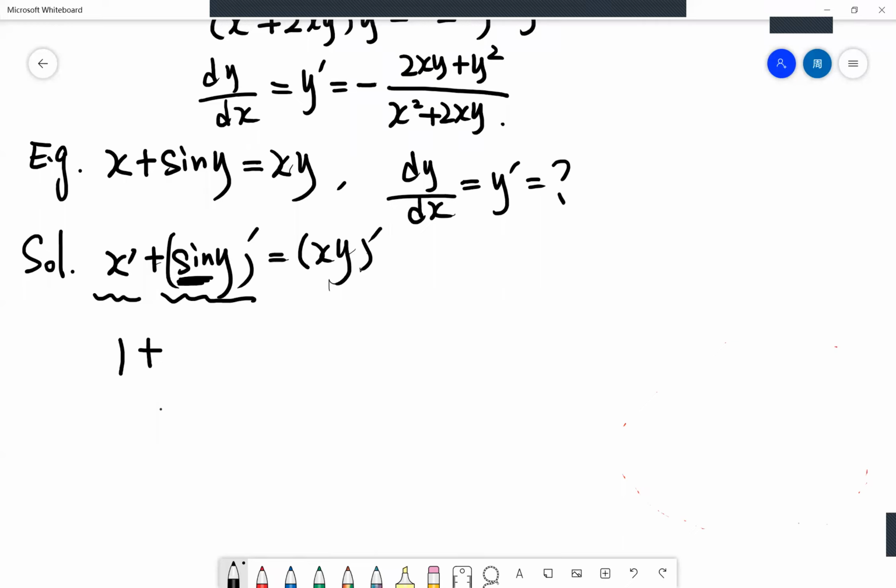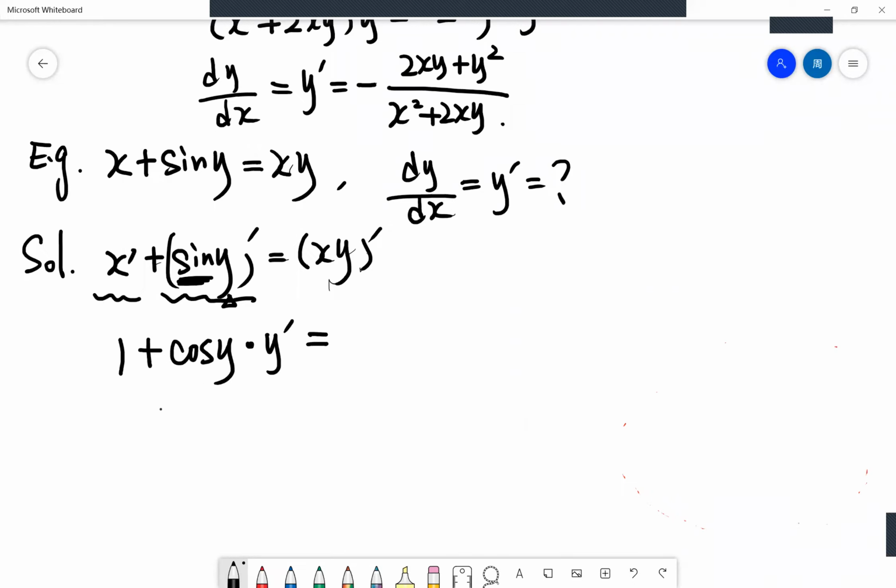Then outside, that is cosine y. And times inside, that is always y prime. So we have sine y prime equals cosine y times y prime.